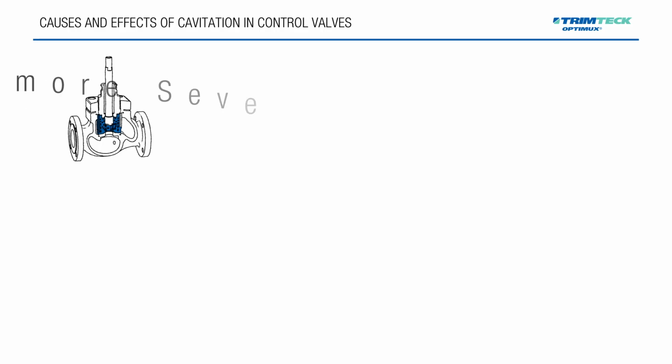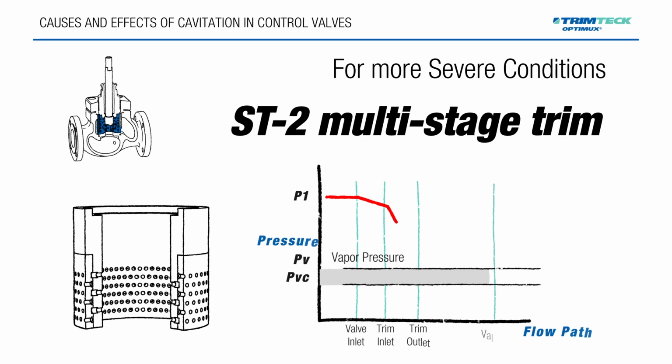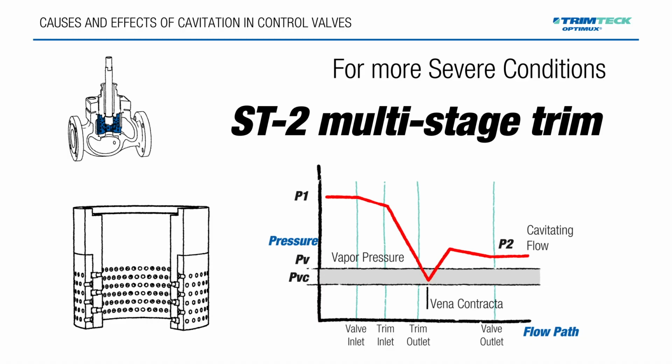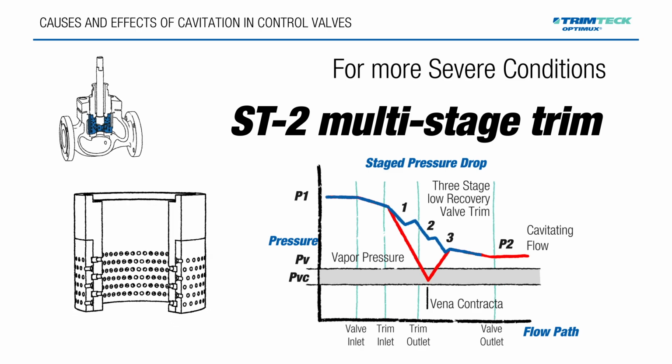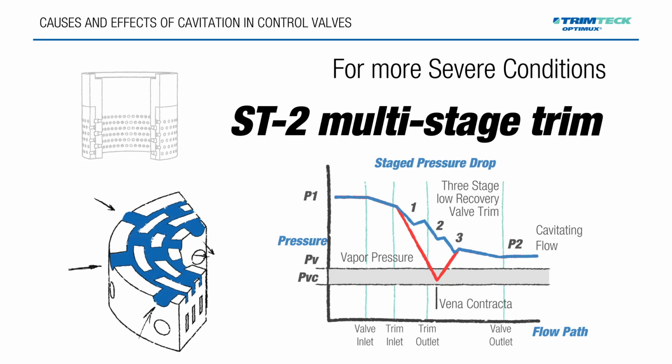For more severe conditions, our ST2 multi-stage trim gradually reduces pressure through a series of small channels and holes, preventing the pressure from ever dropping below vapor pressure. This stage design eliminates bubble formation and drastically reduces hydrodynamic noise.